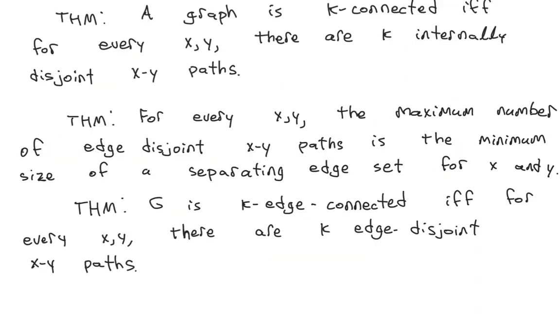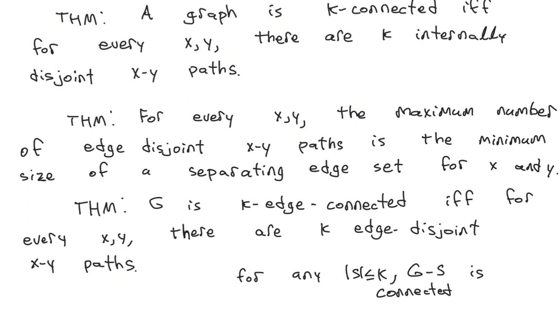So the main corollary of Menger's theorem is this theorem. A graph is k-connected if and only if for every x and y there are k internally disjoint paths. This makes sense because in order to be k-connected, it means for any subset S of size less than k, G minus S is connected.